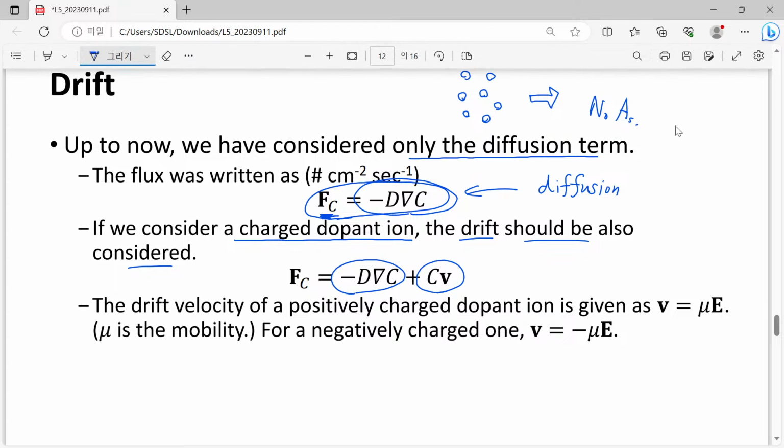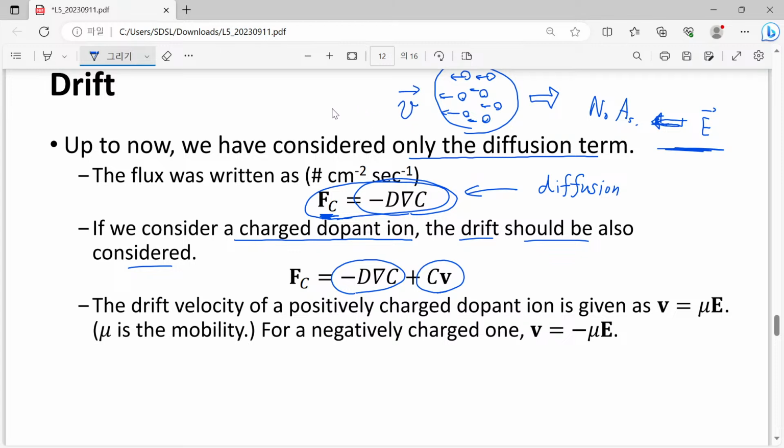But let's say that we also have an electric field heading this way, then our arsenic will be pushed away, and that will make a certain component made by the electric field. The average velocity only due to this electric field is denoted as v.